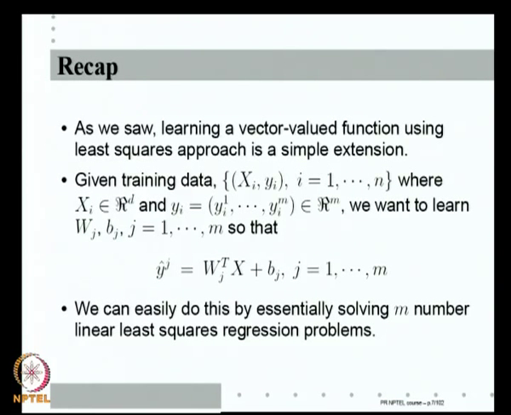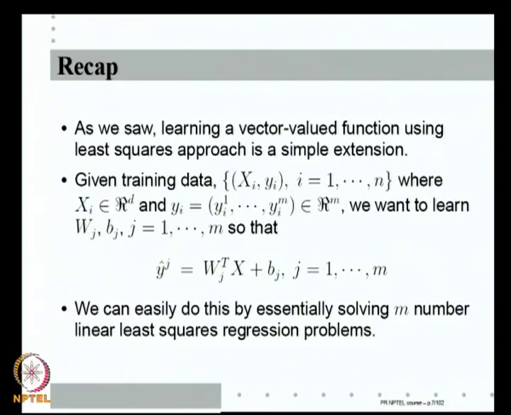So, even when the target is vector valued, each component of the target value y has to be predicted using a linear model. Each of the linear models will have its own w and b. So, it is essentially simply solving m number of least squares regression problems.